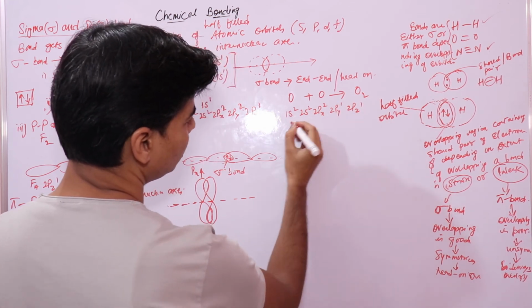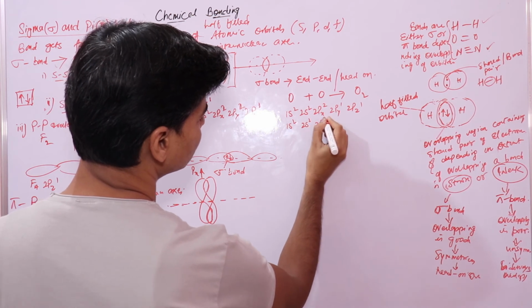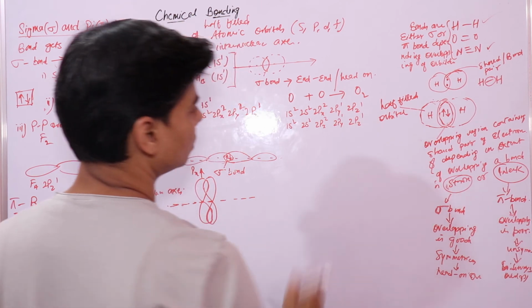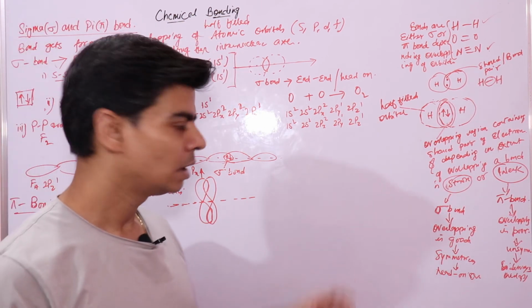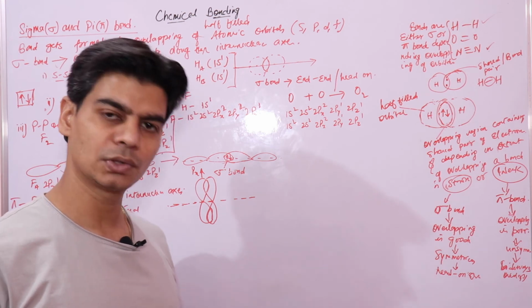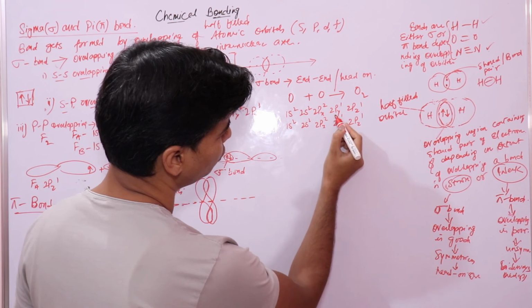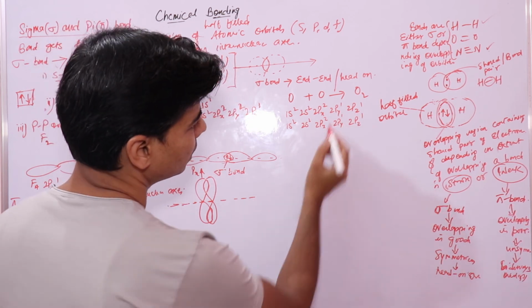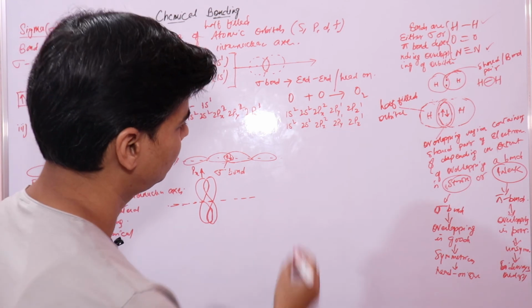Similarly, the other oxygen atom is 1s2, 2s2, 2px2, 2py1, 2pz1, right? So the condition for overlap is half-filled orbitals and electrons should be of opposite spin. So the half-filled orbitals are 2py and 2pz of both the oxygen atoms.